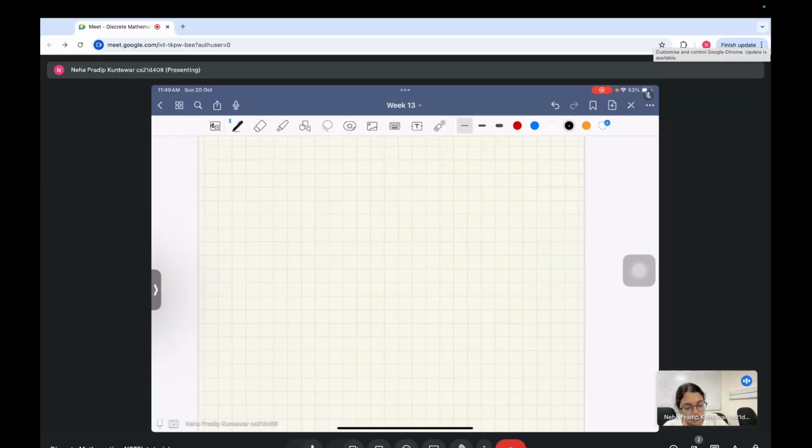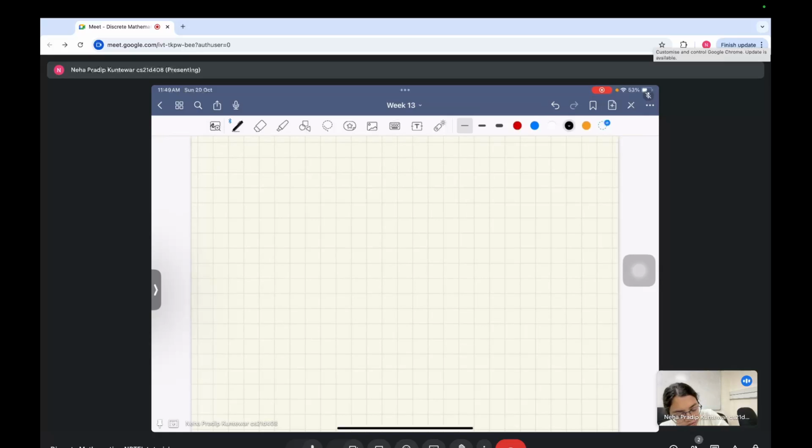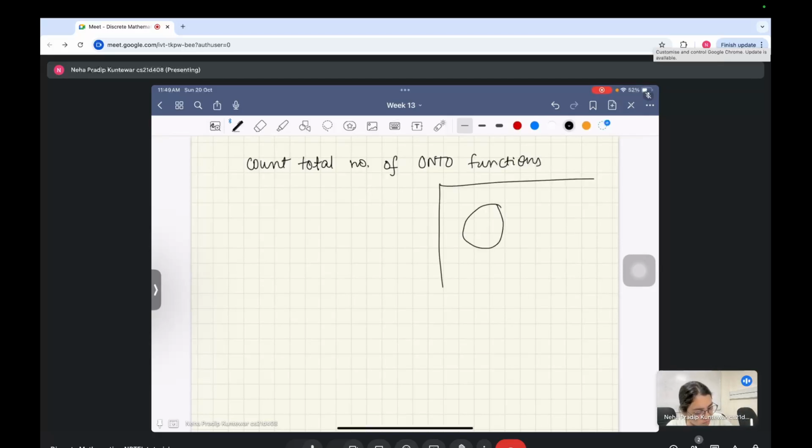Okay, so let me start with that. So what I want to do is I want to count the total number of onto functions.